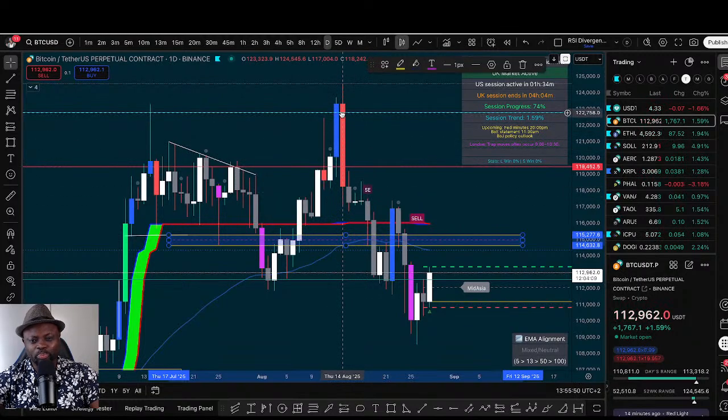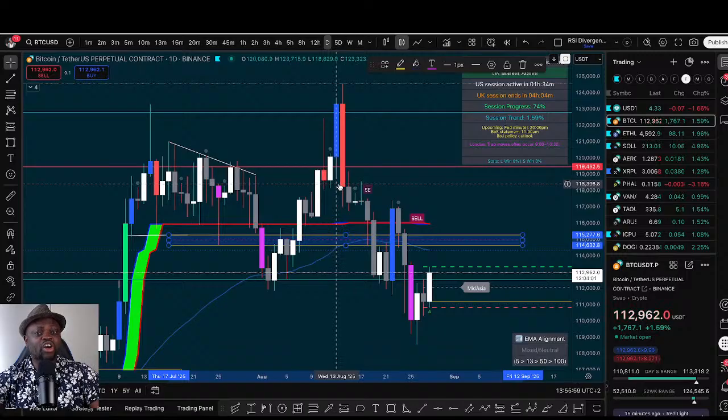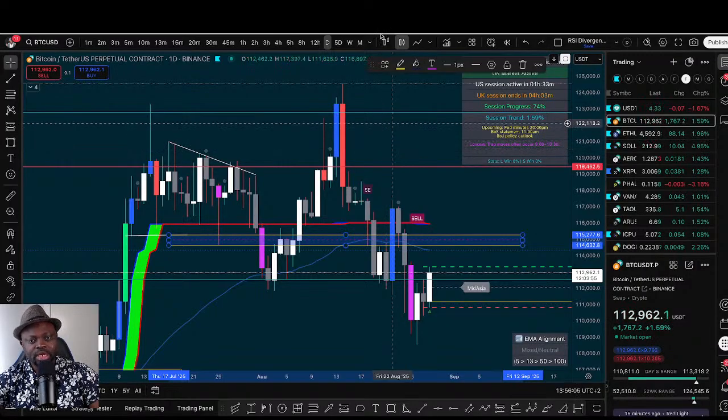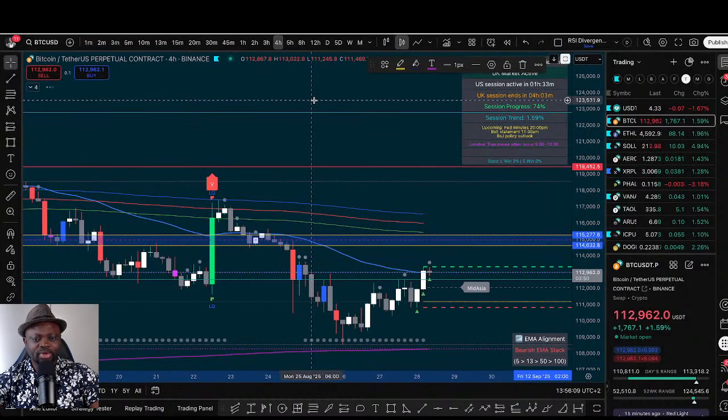For the market makers to push price downward, they had to spend a lot of money, and they are going to recover this money by pushing price back up there, at least recovering half of that candle.